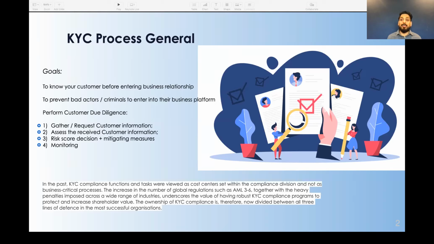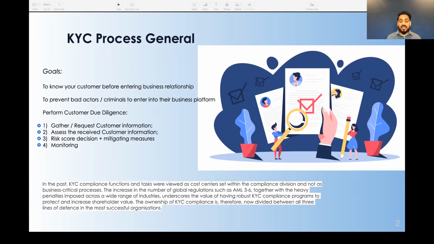And this process has gained a lot of importance over the past years, because many years ago, the departments where you perform the KYC process were very much administration work, but it has evolved into risk assessment and risk-based approach thinking, where you have to really look into the business and try to prevent your company from entering a business relationship with somebody that's a high risk or unacceptable risk to your company.